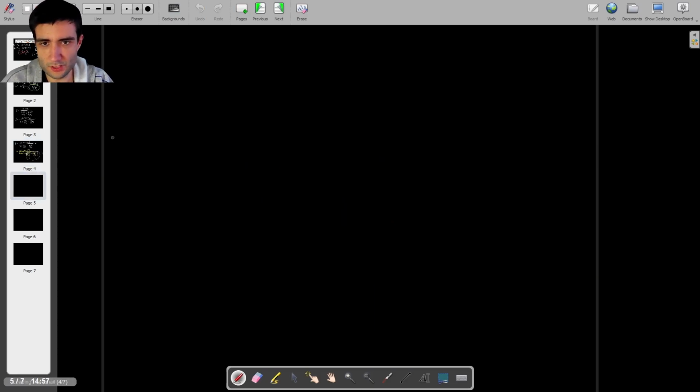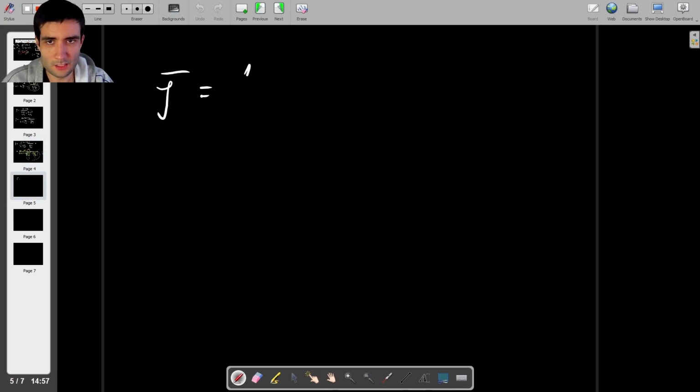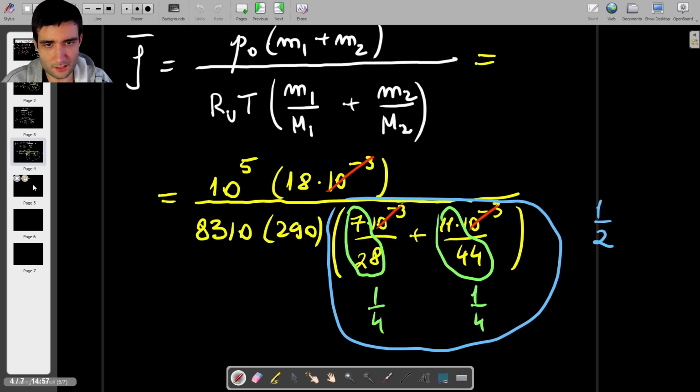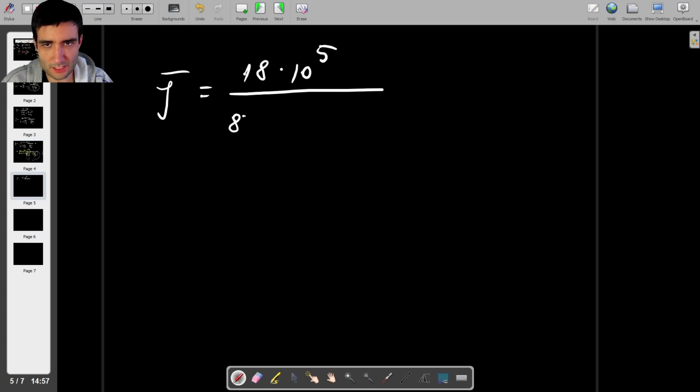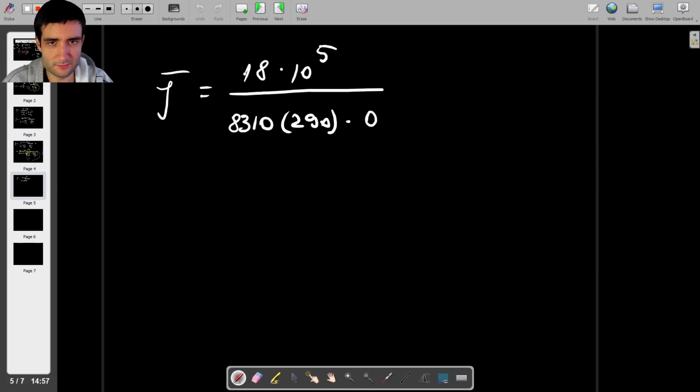If we put everything together, the average density is 18 times 10 to the power 5 over 8310 times 290 times 0.5.